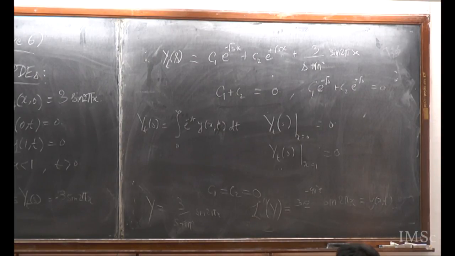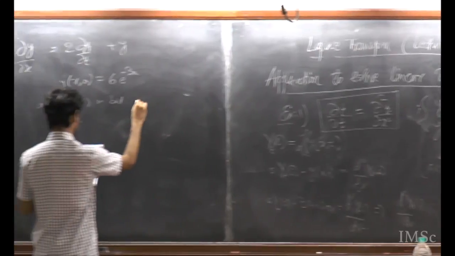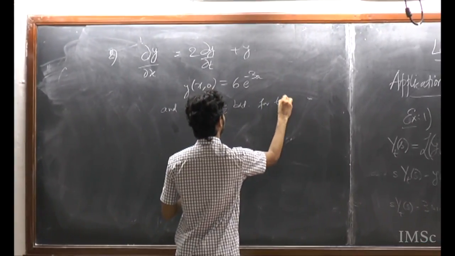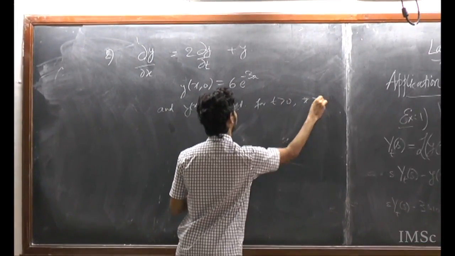Del y over del x equals 2 del y over del t plus y. So conditions are y(x,0) equals 6 e to the minus 3x and y(x,t) is bounded for t greater than 0, x greater than 0.